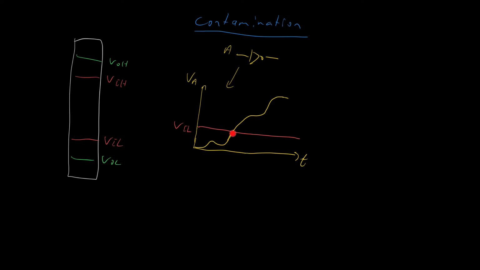Only once the input crosses the red line here do we consider that the input has started to change, in that it has become invalid, and thus we start the contamination delay stopwatch. When the contamination delay stopwatch expires, we know that the output might start to change after that.